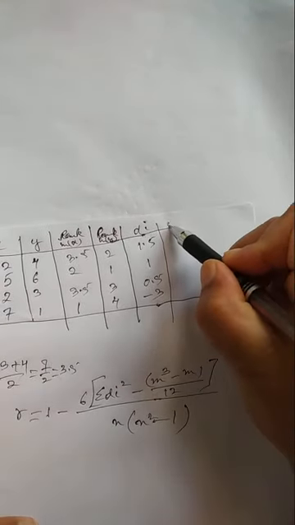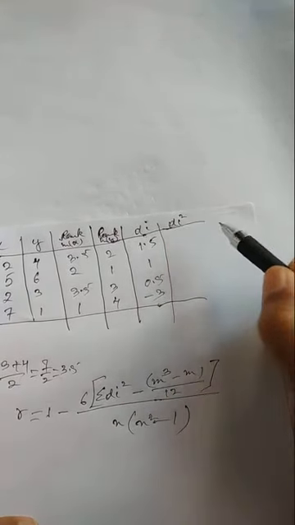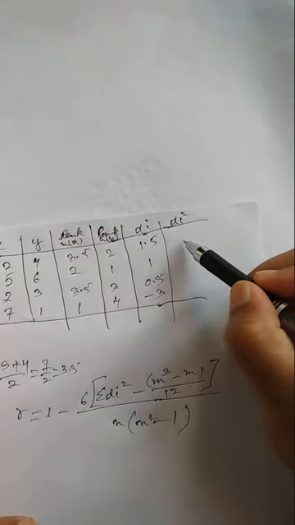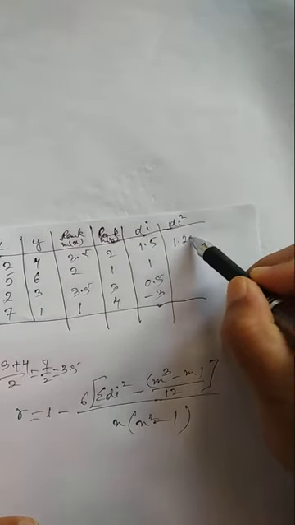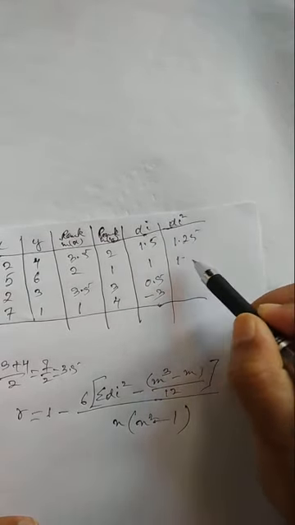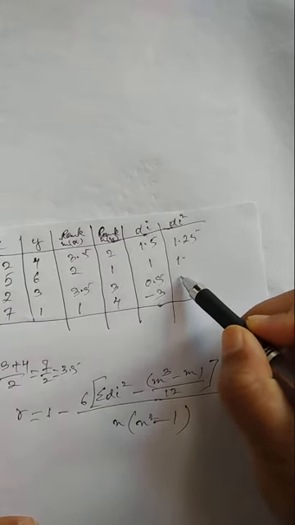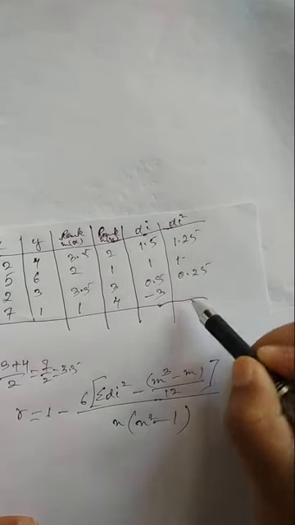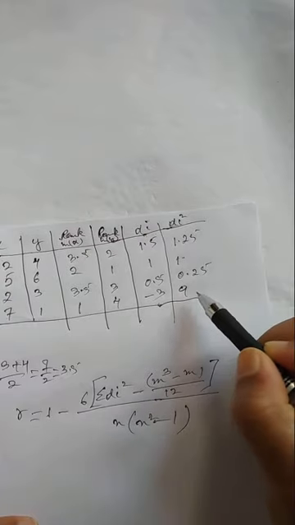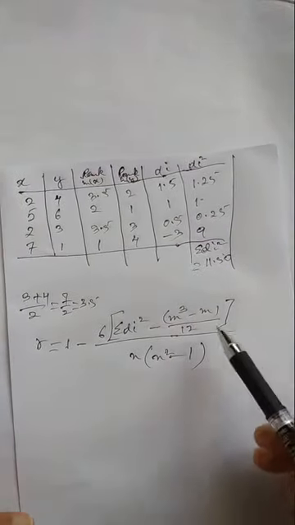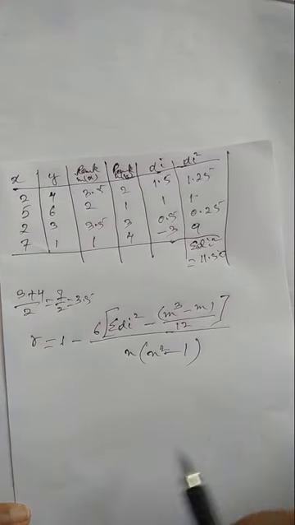We find di square: if you square these, you will get 2.25, then 1, then 0.25, and then 9. So our summation di square will be equal to 12.50.